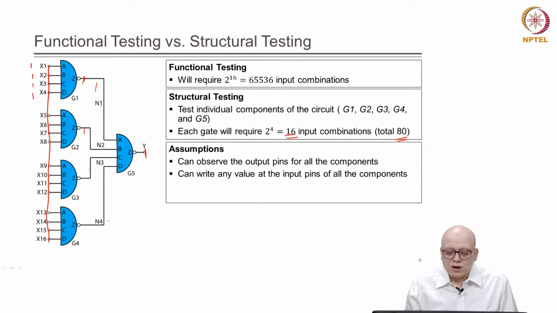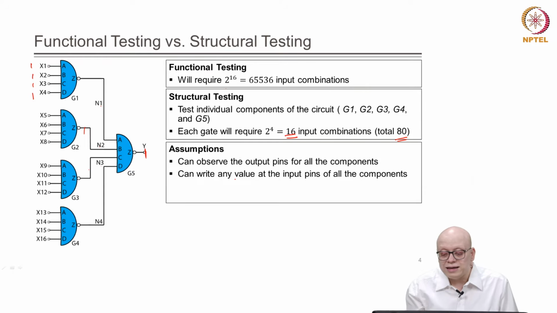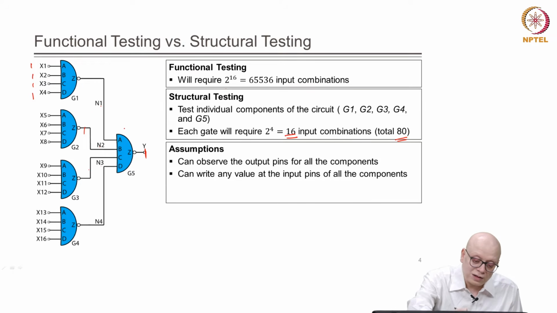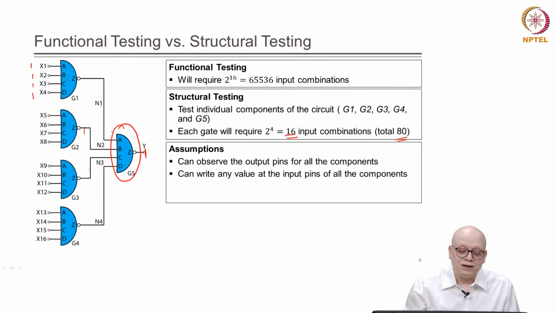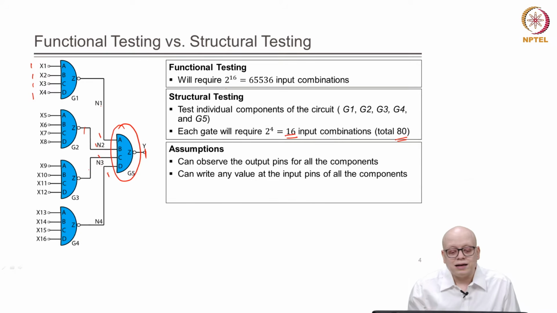Now, the other thing that we have assumed in structural testing is that we can write any value at the input pins of all the components. For example, if we are trying to test this G5, then we are saying that we can easily apply a test pattern 1 1 1 1 at the inputs of the gate G5, right.